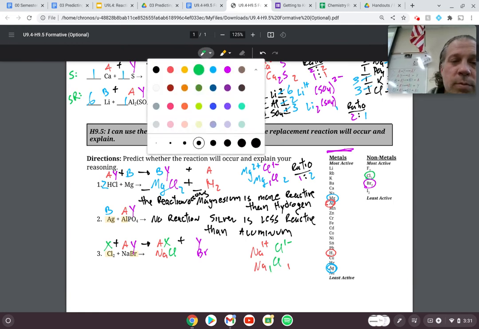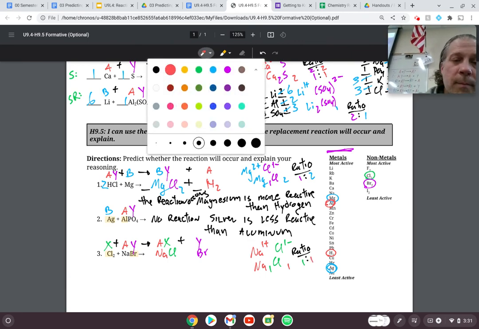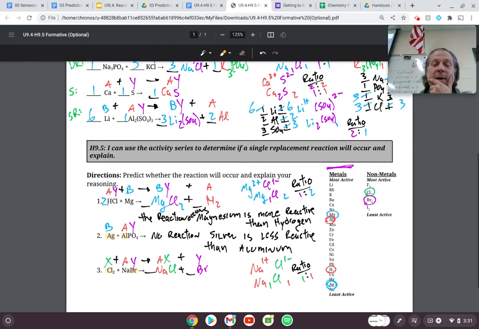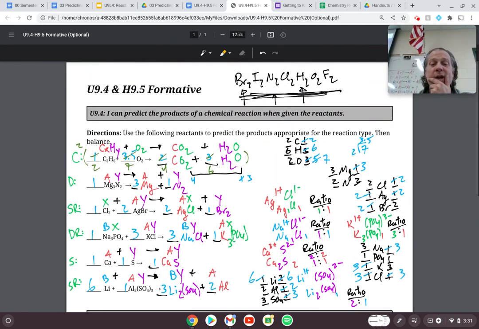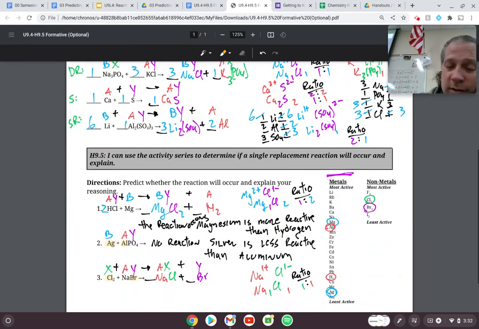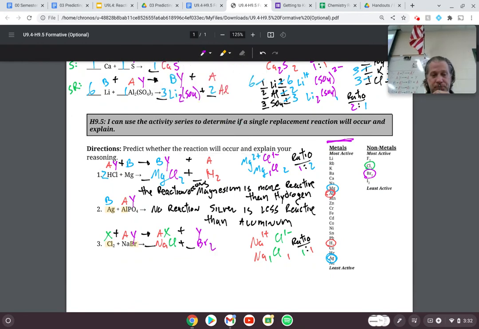Check my ratio, it is 1:1. I cannot simplify that, so NaCl works. Br, though, is all by itself. So I'm going to go back up and check to see if Br is in this list. And sure enough, there's Br in that list, which means that bromine needs to have a 2 behind it.